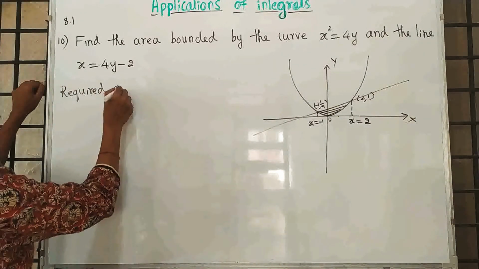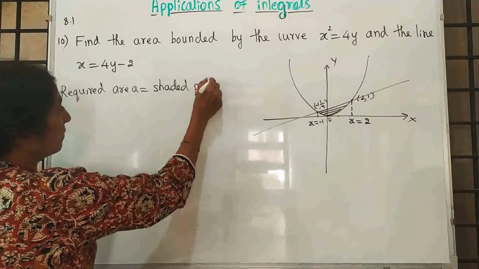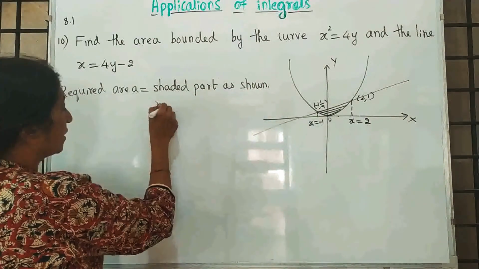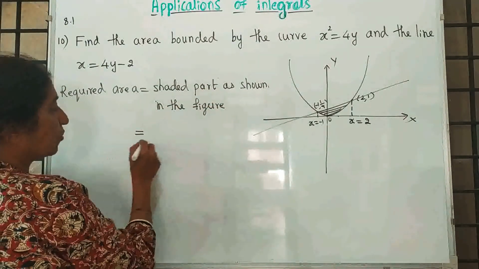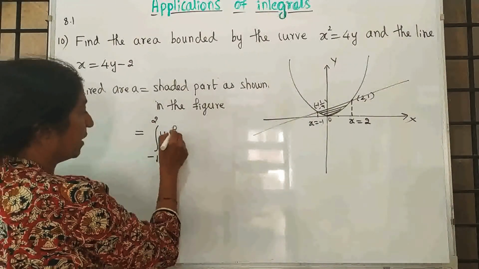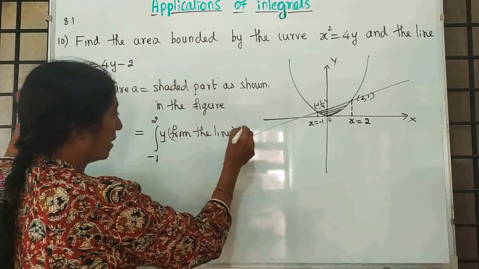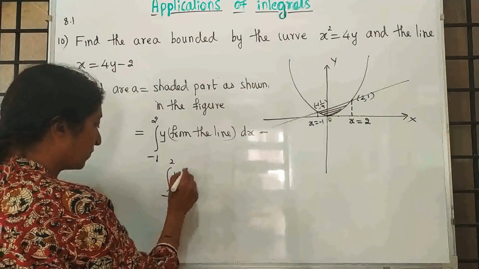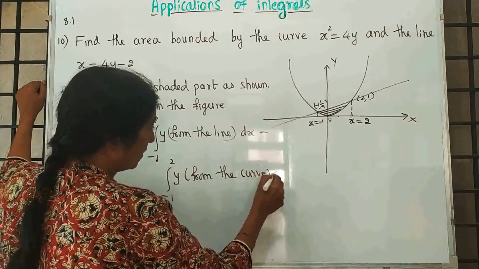Required area is equal to the shaded part as shown in the figure, that is equal to integration from minus 1 to 2 of y from the line, which gives you the bigger area, minus the smaller area, you have to write, integration from minus 1 to 2 of y from the curve into dx.